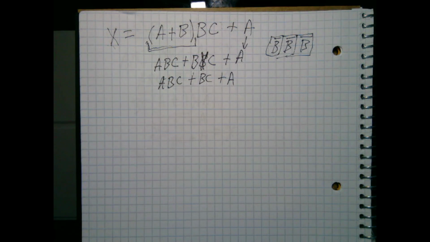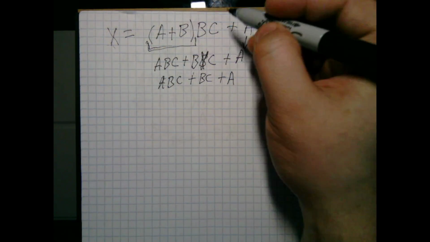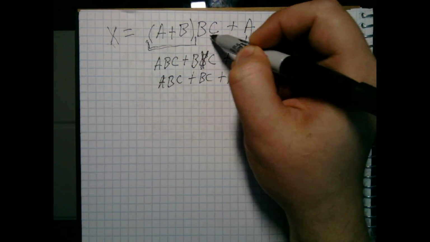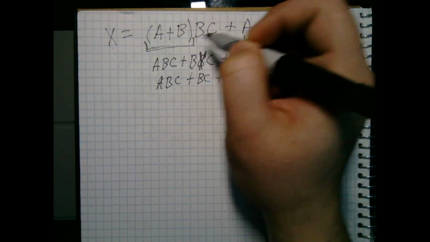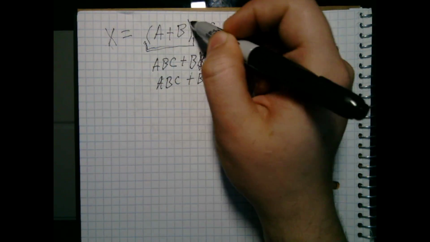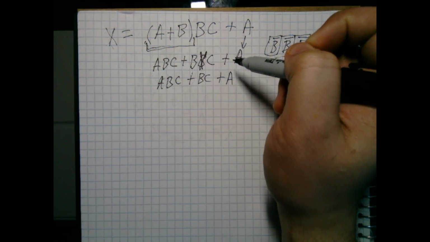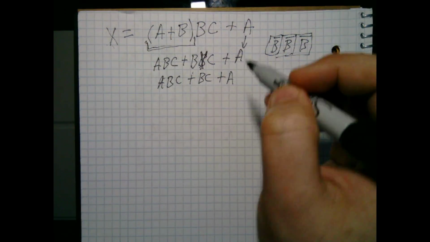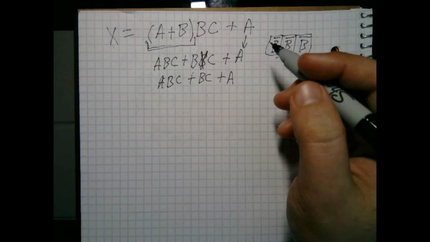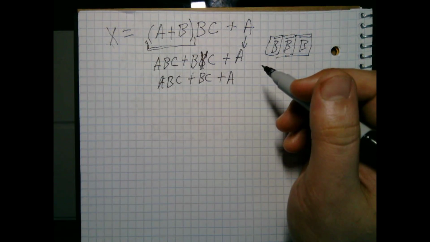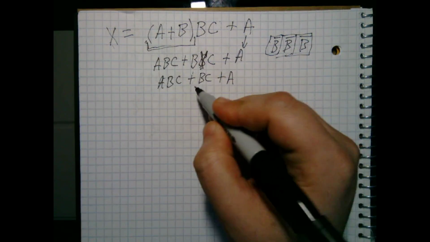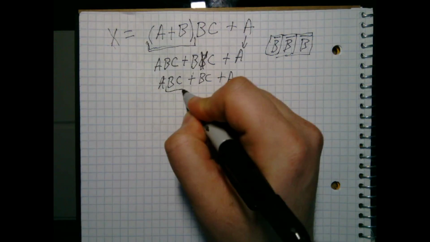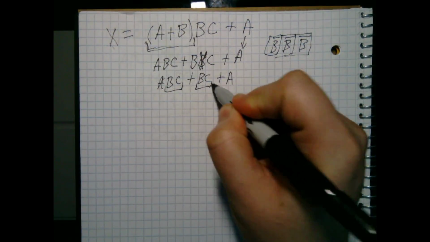The next step might not be as obvious because when we talked about the distributive property, we talked about, let's say that first step where we distributed the BC, we distributed out to values. But what is the opposite of distributing? Well, it's removing common values. Well, what values are in common here? I see that there's a BC here and a BC here. Those are common.